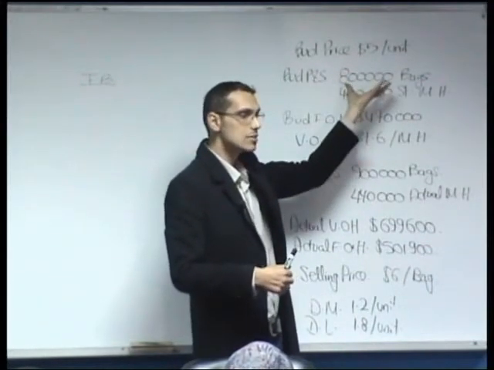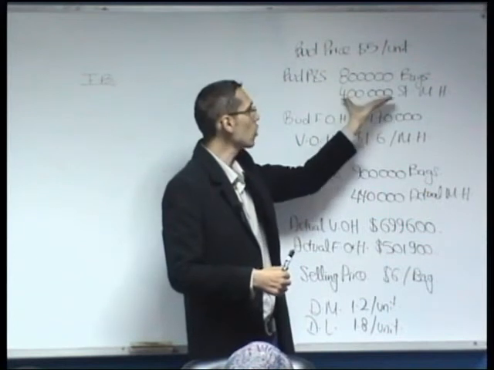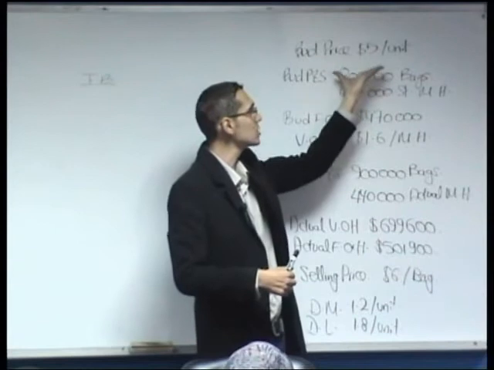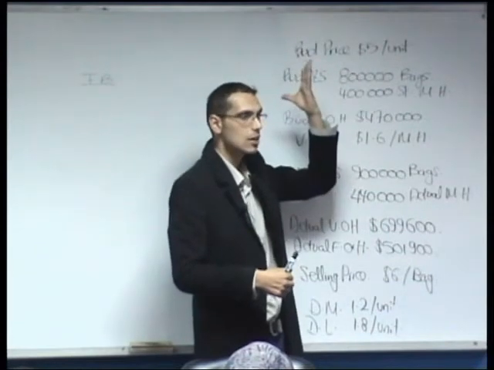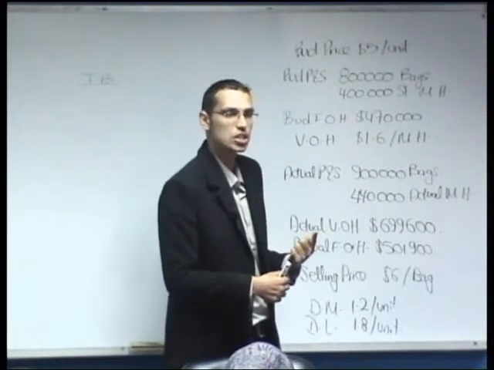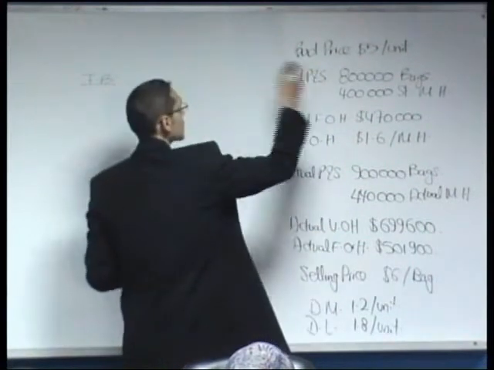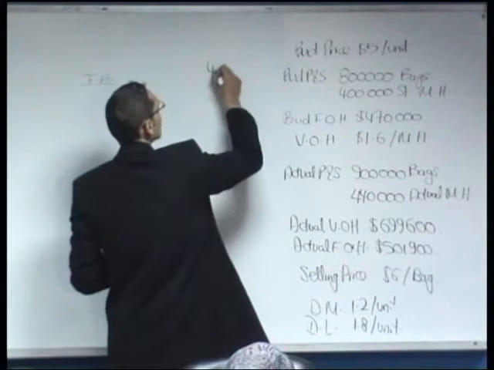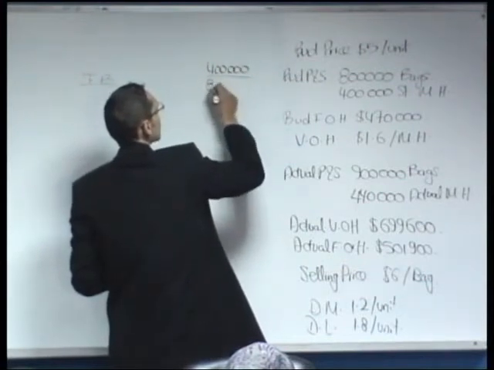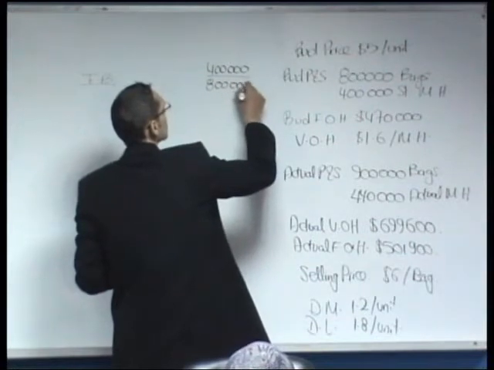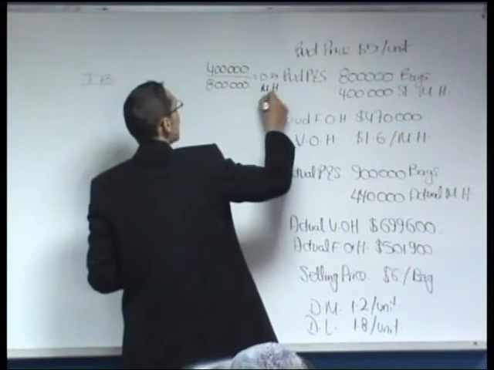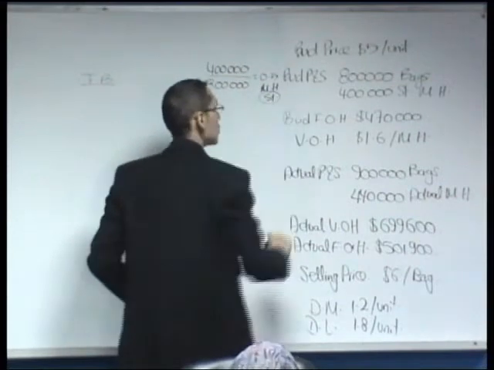These numbers say that we need 400,000 standard machine hours in order to produce 800,000 bags. Therefore, each bag would need half. Excellent. 400,000 machine hours divided by 800,000 bags would equal 0.5 standard machine hours.